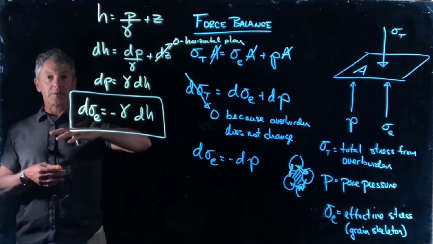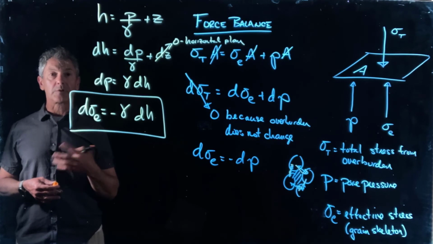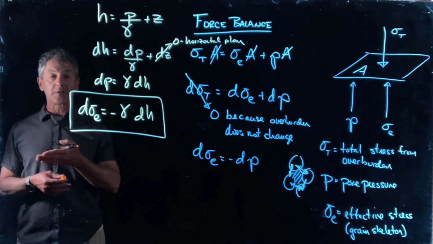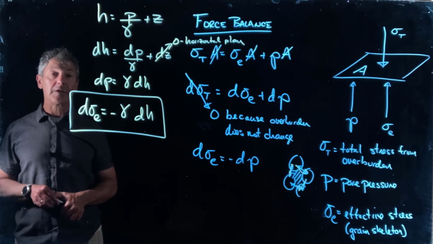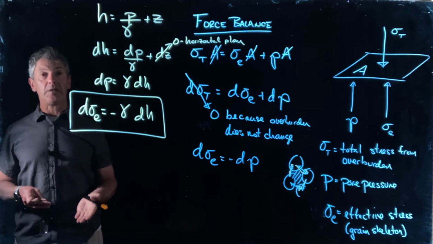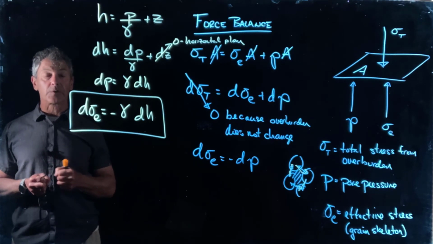It's going to cause them to try to collapse. And so this is going to be important when we start thinking about things like subsidence due to water withdrawal and sliding in landslides, when we have an increase in head that reduces that effective stress and reduces the friction of those grains.